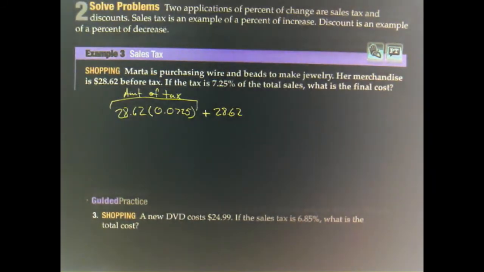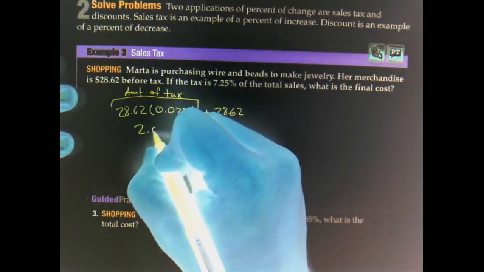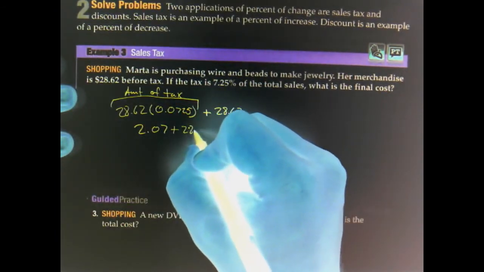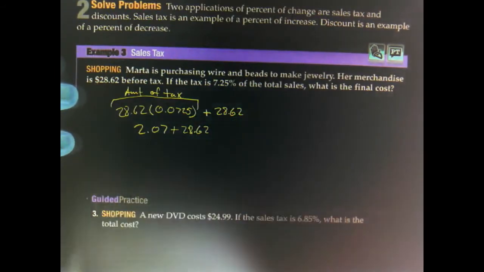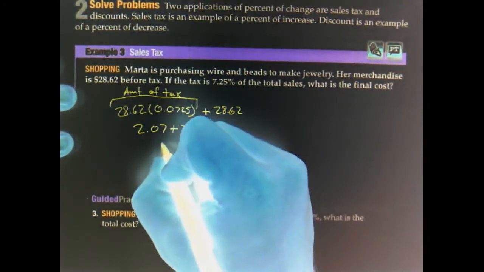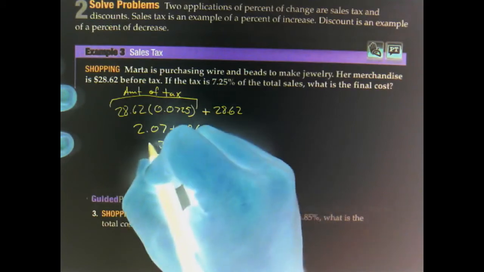So if I multiply this out first, I have 28.62 times 0.0725, and I get 2.07, rounded, plus 28.62, and that comes to be $30.69.